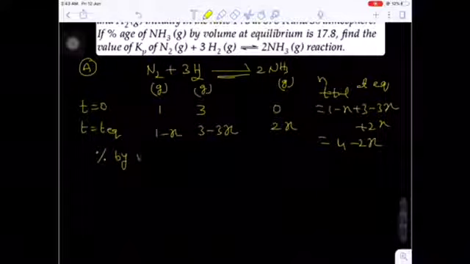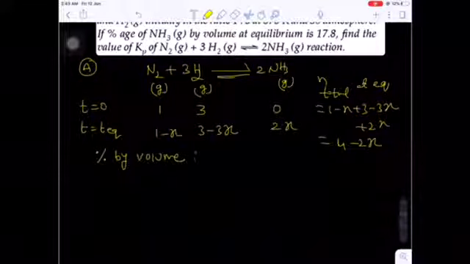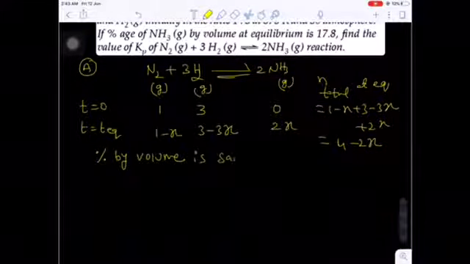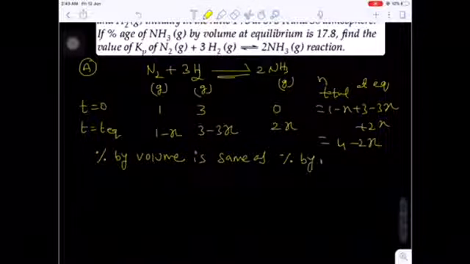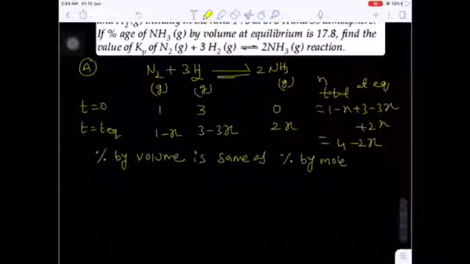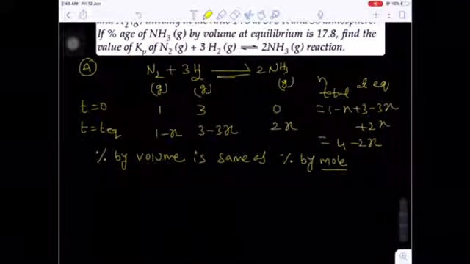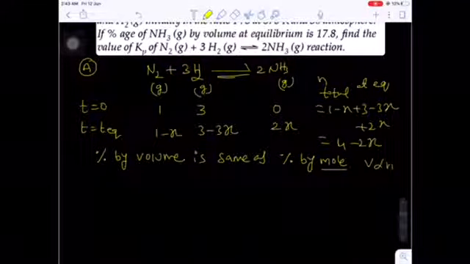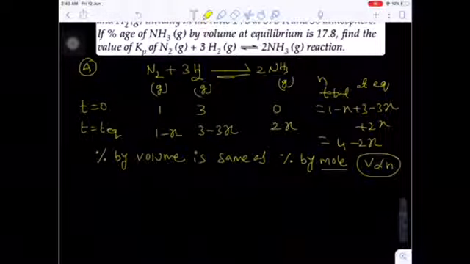Now, percentage by volume is the same as percentage by mole. Instead of volume ratio, shall I take the moles ratio? Yes, volume is directly proportional to number of moles at constant temperature and pressure.